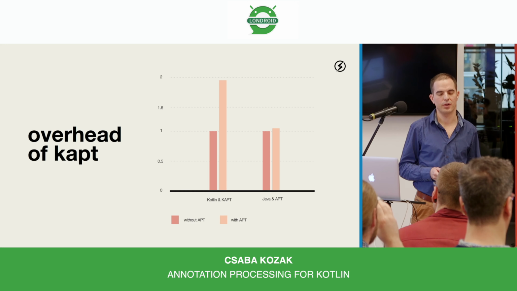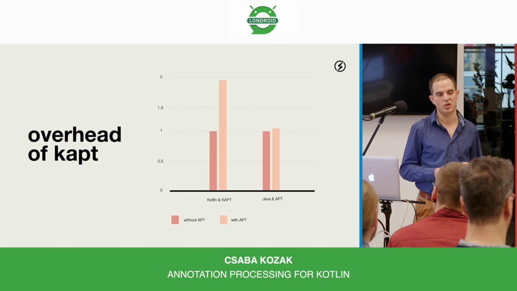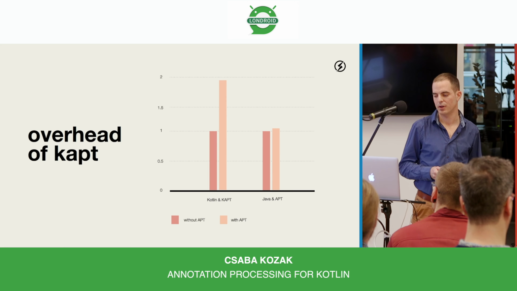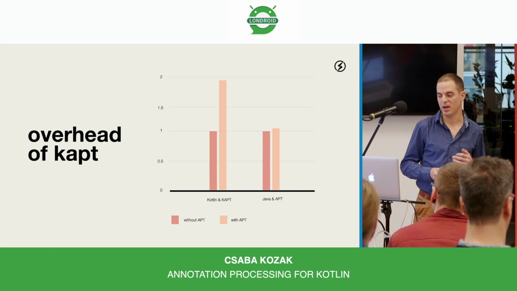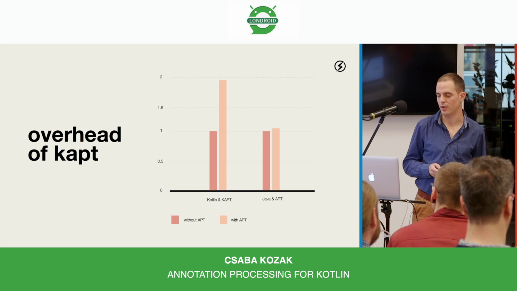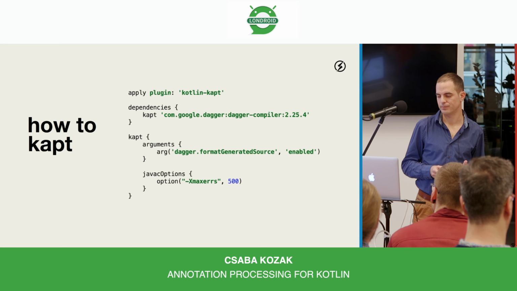But unfortunately, if you add annotation processors to Kotlin code, it could take almost double the time than if you don't have any annotation processors in your class path. This is by default, and we can mitigate this overhead with the next steps that I will show you.